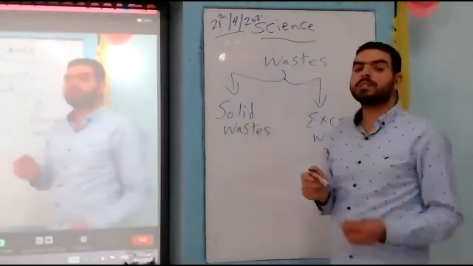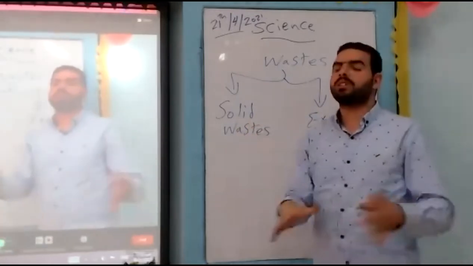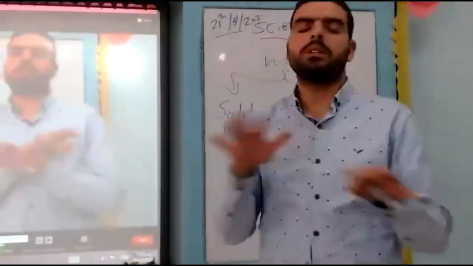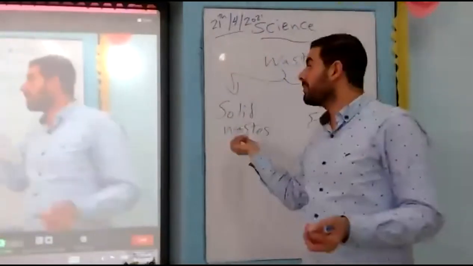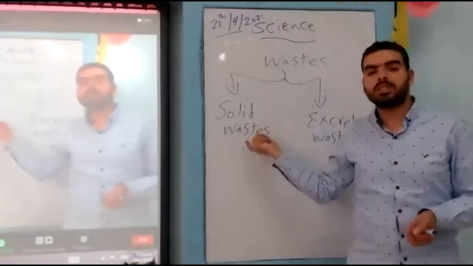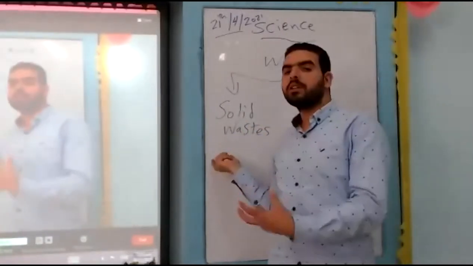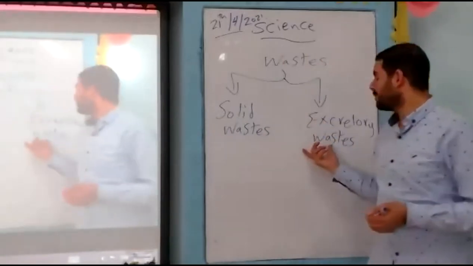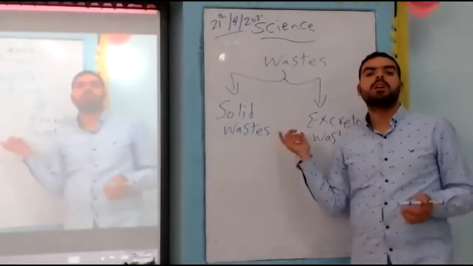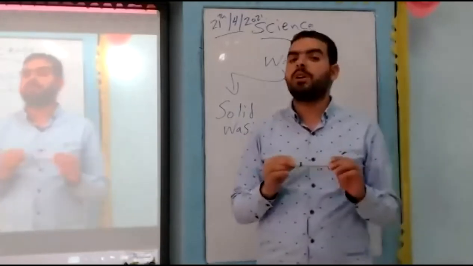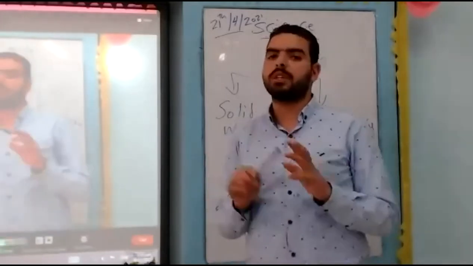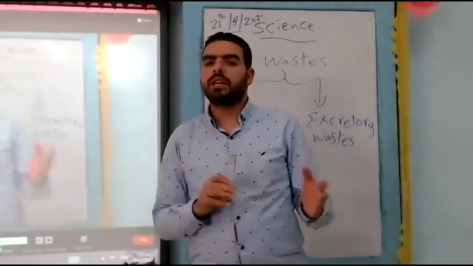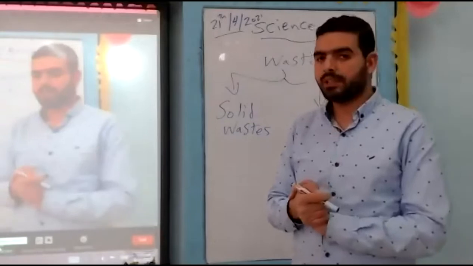Let's talk about solid wastes. They are undigested food, some food which doesn't undergo the process of digestion. It is stored in our large intestine until it is expelled outside the body. While excretory wastes or cell wastes are wastes produced from our body cells, and they contain carbon dioxide, water vapor, nitrogenous wastes and uric acid, and there are some excess water and excess salts.